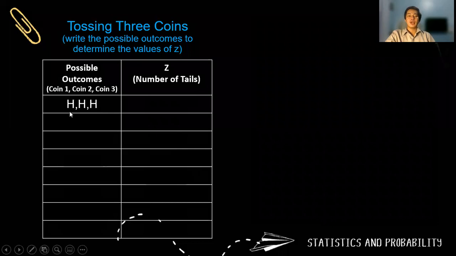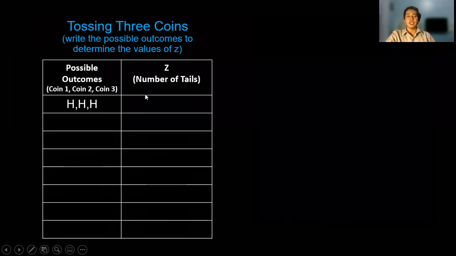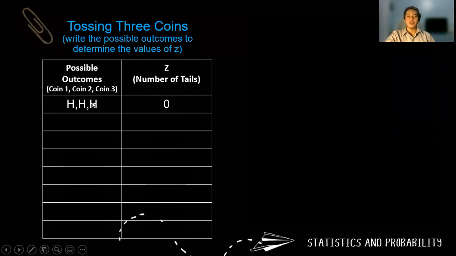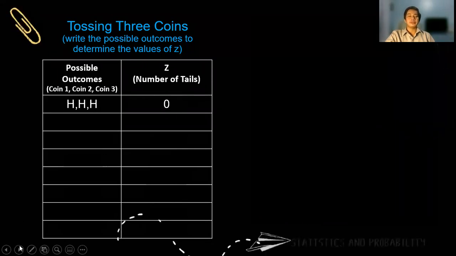First, for the first coin we have head, second coin head, and third coin head. So how many tails did we get from a result which is head, head, and head? Very good. The answer is 0 tails. So this 0 is representing the random variable, meaning there are no tails in the given outcome.